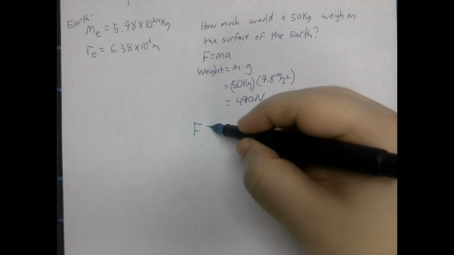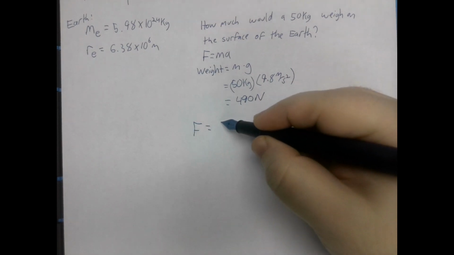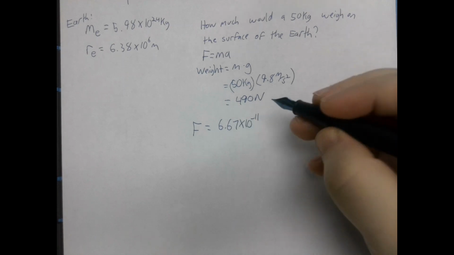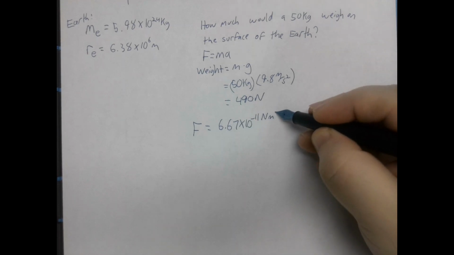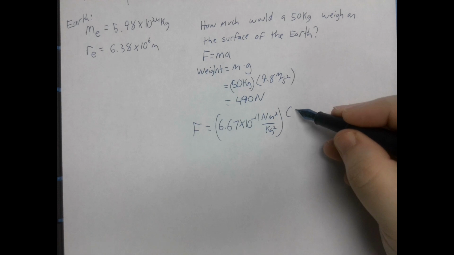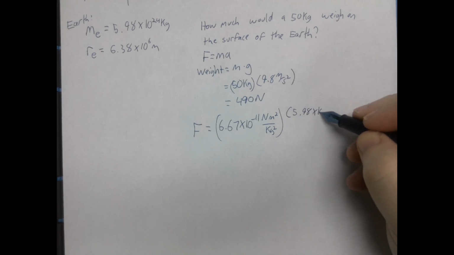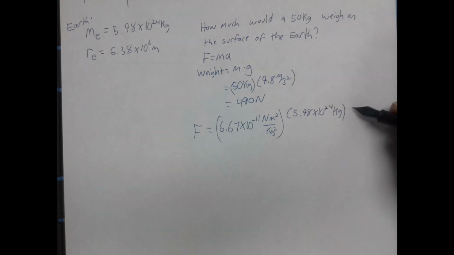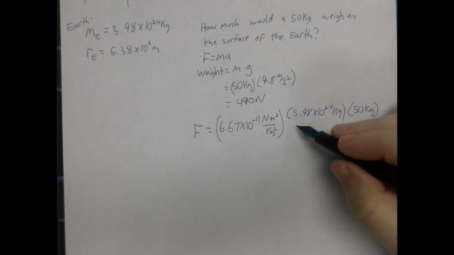We could also use this equation. So force is equal to 6.67 times 10 to the negative 11 newton meter squared over kilogram squared, times the mass of the Earth, 5.98 times 10 to the 24 kilograms, times the mass of the person, 50 kilograms.